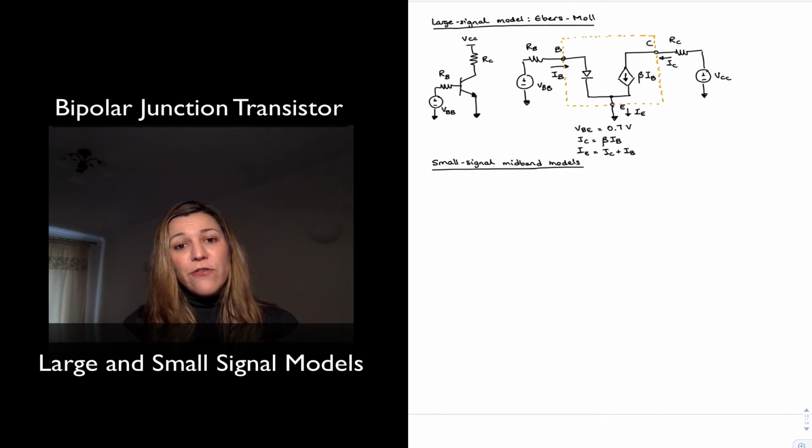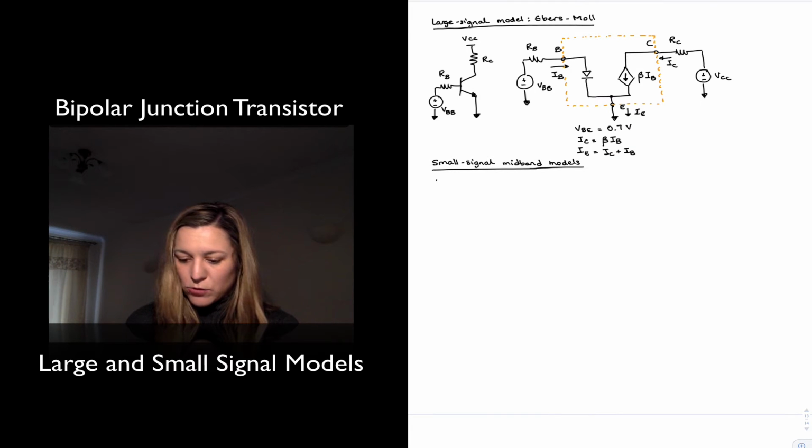When we talk about frequency response in a later video, we're going to modify these models a bit to take into account the frequency effects. But for now, we're going to assume we are modeling the transistor in its passband, and so we're going to exclude some of those components for simplicity. So the hybrid pi model will be the first one.